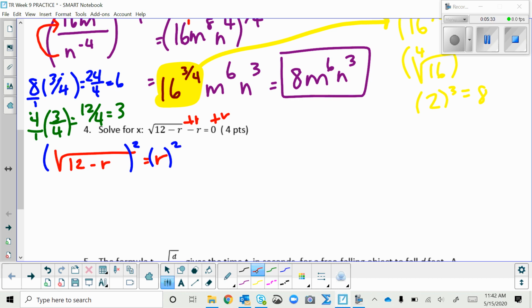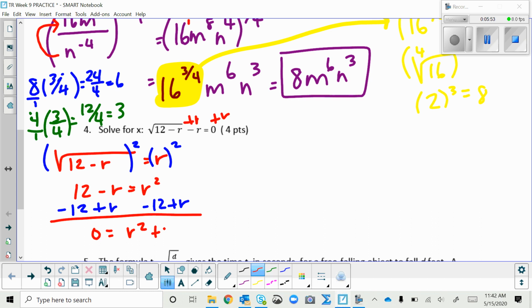That leaves square and square roots cancel, leaving me 12 minus r on the left, r squared on the right. I need to move everything on the left over by doing the opposite to both sides. And that gives me 0 equals r squared plus r minus 12.